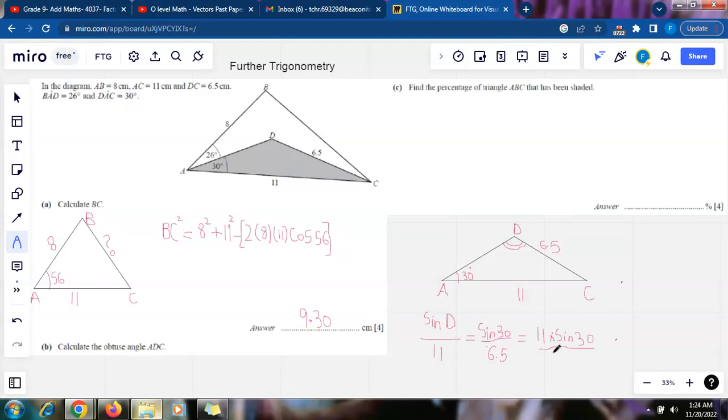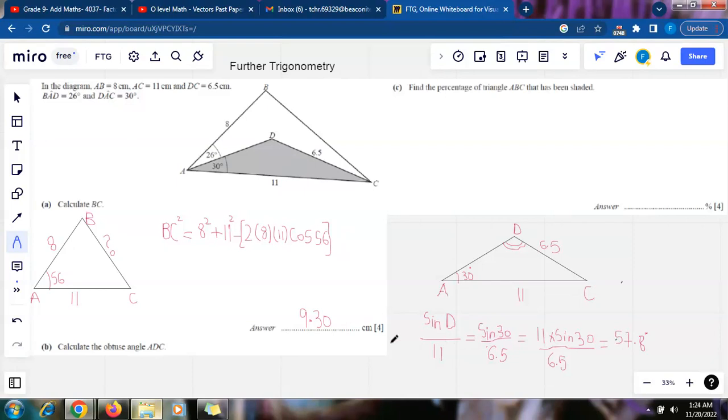Sine 30 multiplied by 11, and the whole answer then divided by 6.5, equals 57.78. So I am just rounding it off to one decimal place. It is coming as 57.8.